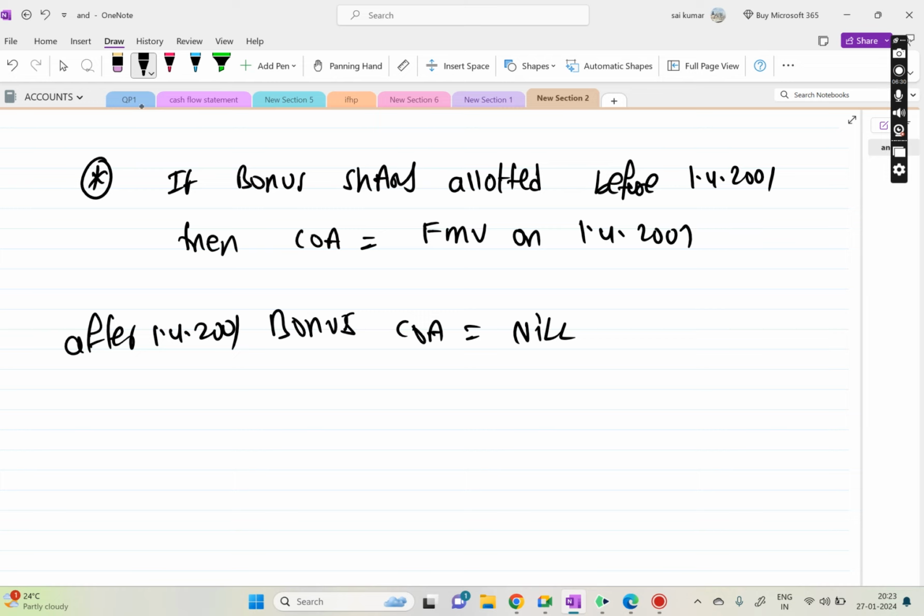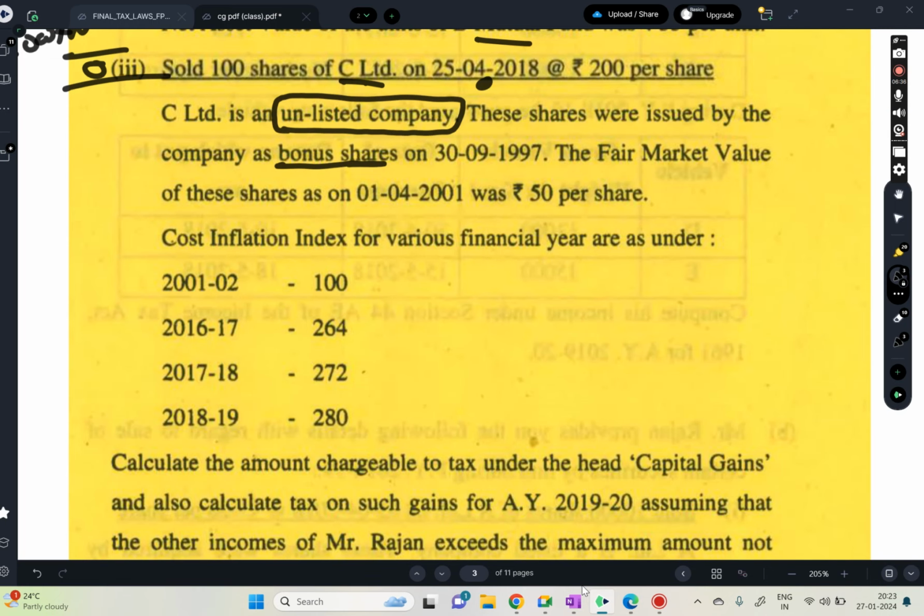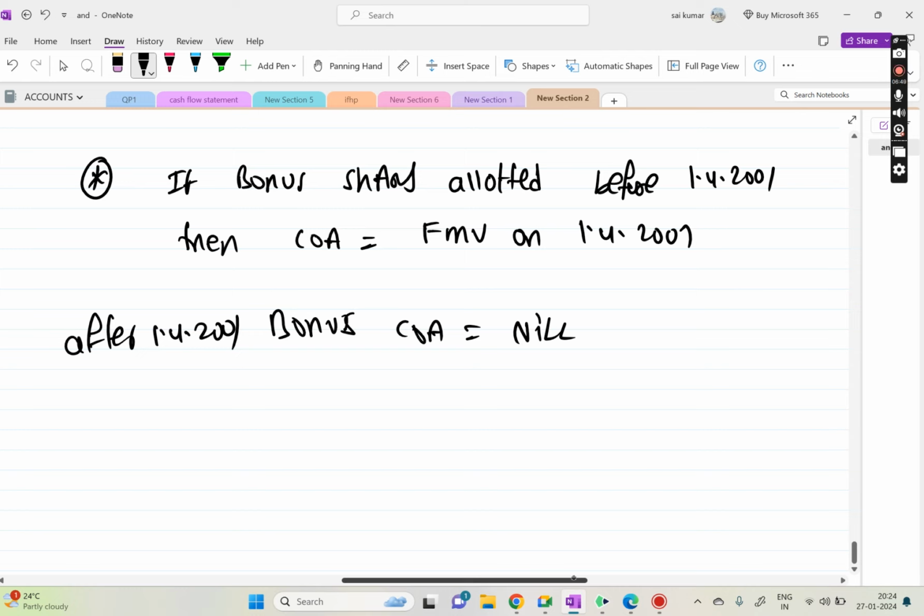We don't need to worry about it, because in this question, see here, the shares were issued by the company as bonus shares on 30/9/1997. What did we discuss now?